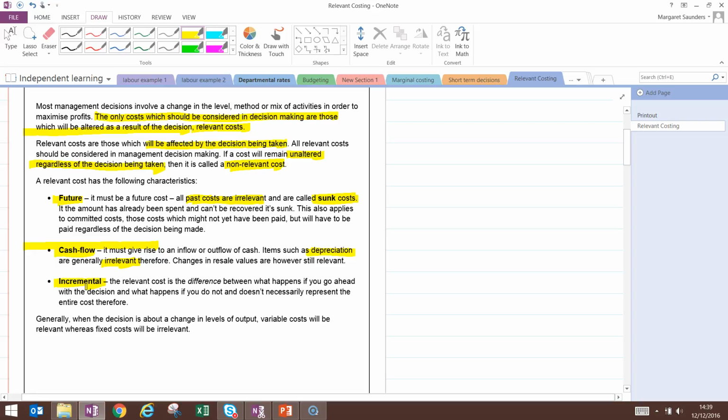So the relevant cost is the difference between what happens if you go ahead with the decision and what happens if you do not go ahead. So it's incremental, it changes depending on whether you go ahead with that decision or not. As a general rule, variable costs tend to be relevant and fixed costs irrelevant.